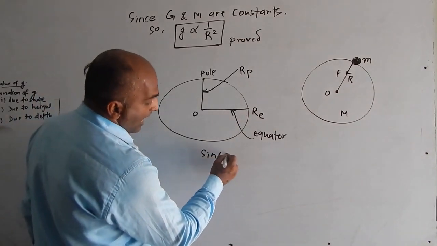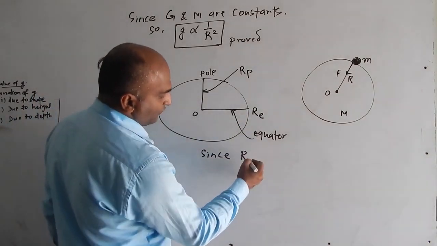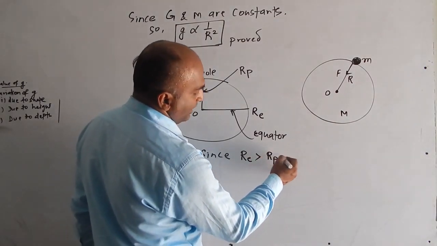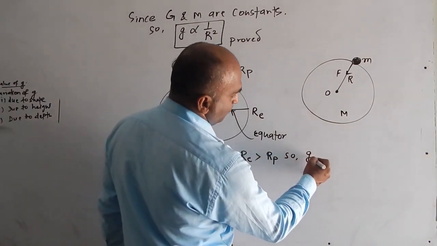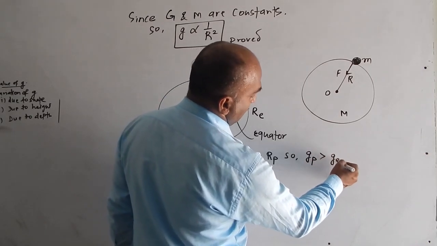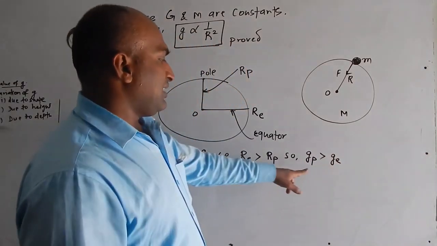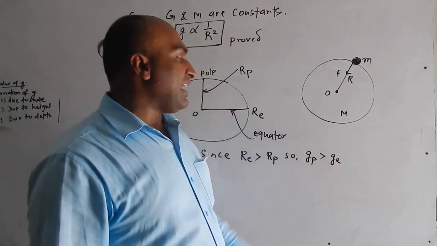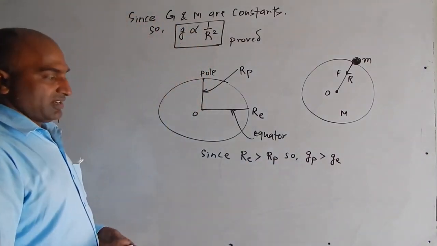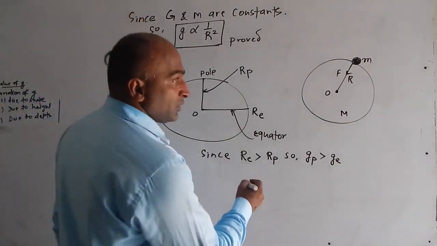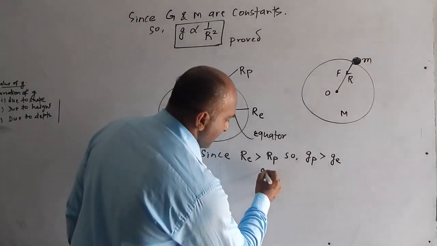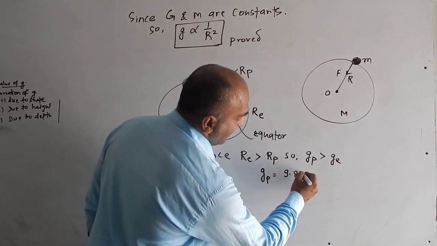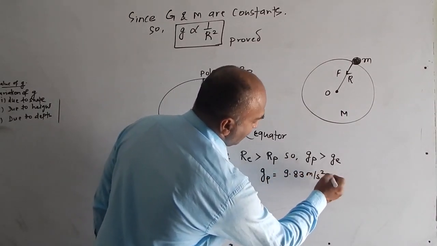Since, according to the figure, the equatorial radius RE is bigger than the polar radius RP, we can write gP is greater than gE, where gP represents the acceleration due to gravity at the poles, and gE represents the acceleration due to gravity at the equator. Acceleration due to gravity at the polar region of the Earth is 9.83 meter per square second.